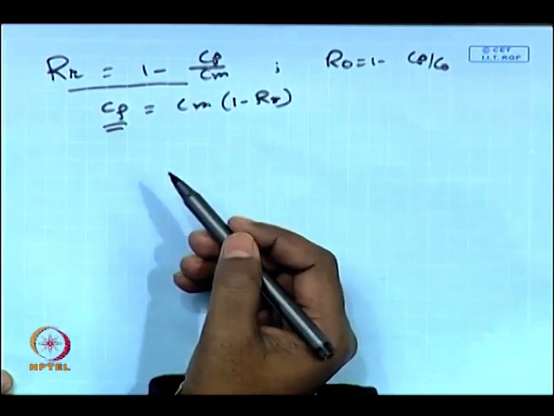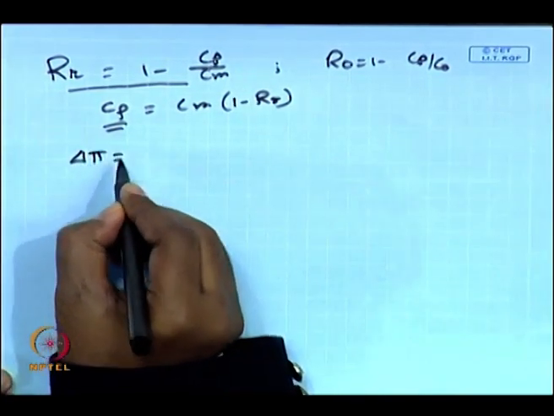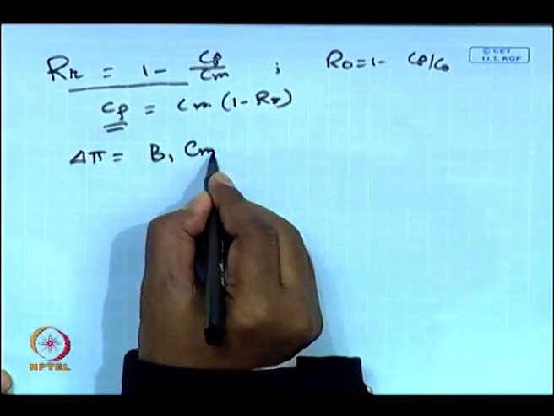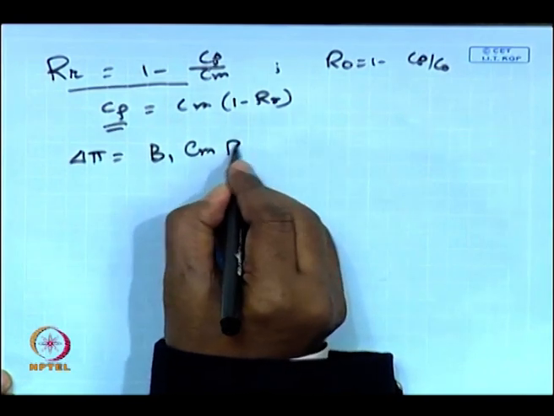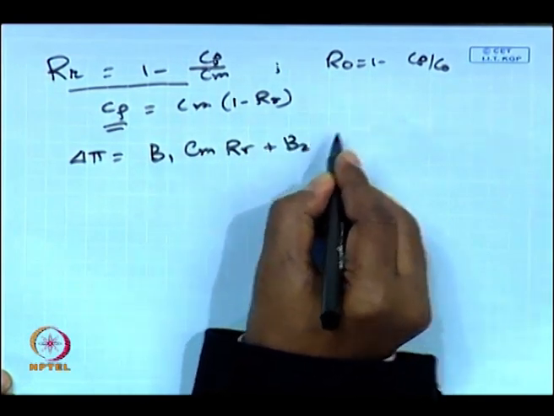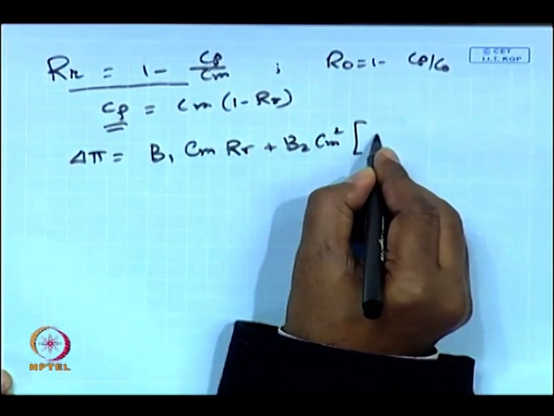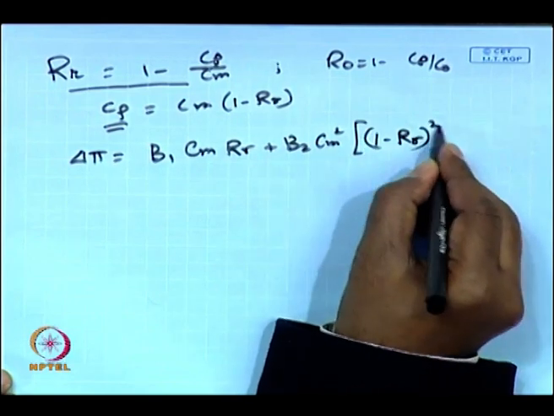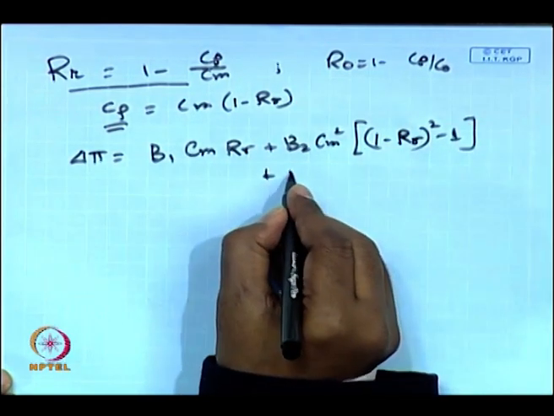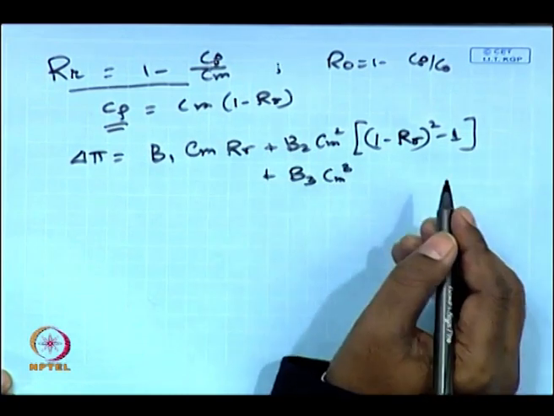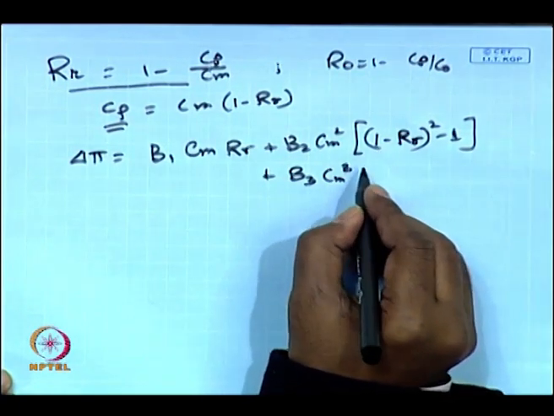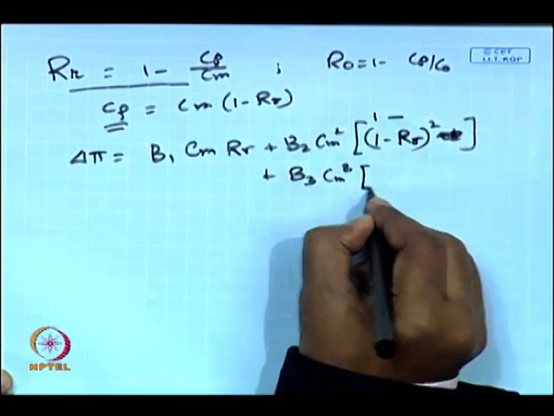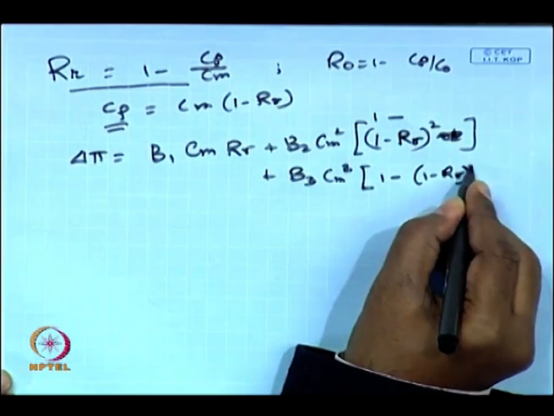Now, we substitute the expression of permeate concentration into the expression of the osmotic pressure difference delta pi in favor of Cm. If we do that, the expression of delta pi will be B1 Cm RR plus B2 Cm square times 1 minus 1 minus RR square plus B3 Cm cube times 1 minus 1 minus RR whole cube.